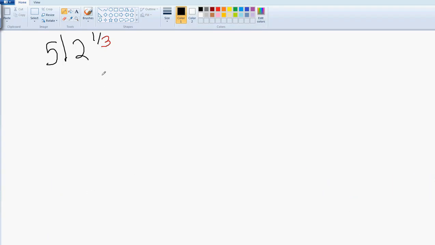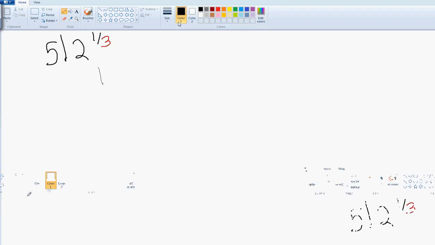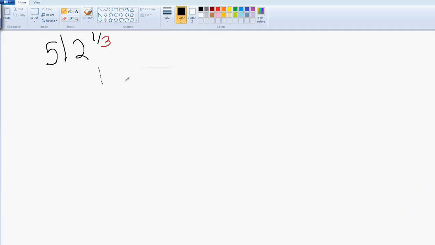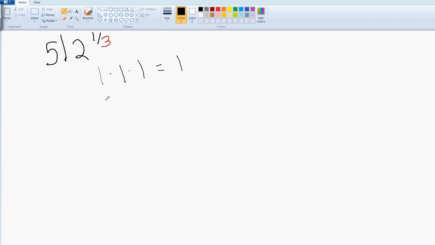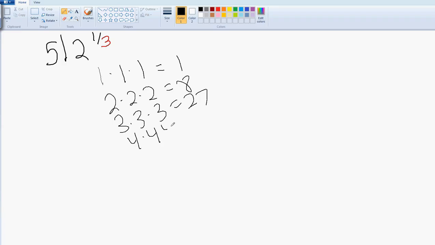So let's just try some numbers out. Well, 1, as you can imagine, ain't going to work too well. 1 times 1 times 1 is equal to just 1. We've already seen that 2 times 2 times 2 is 8. 3 times 3 times 3 is 27. Let's keep going up. 4 doesn't work. 5 doesn't. Okay, but we're getting warmer at least.